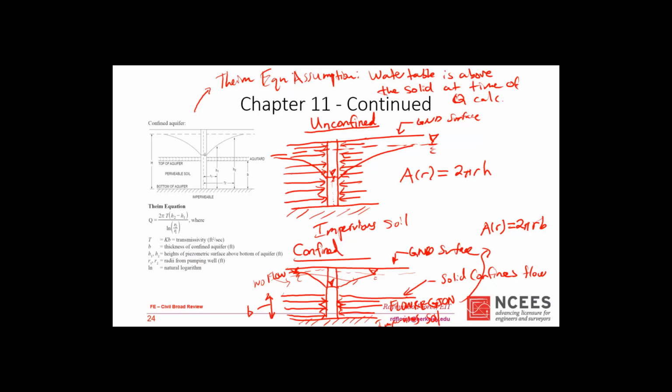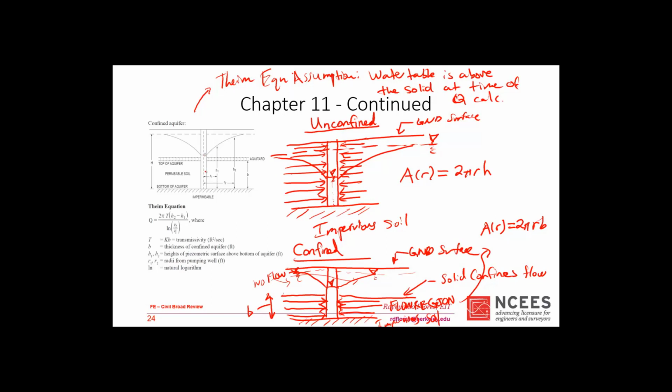I want to say Q calc as in, if this water table were below, then we would apply the unconfined condition. Obviously, maybe you do and you don't, but just know that this is the assumption.